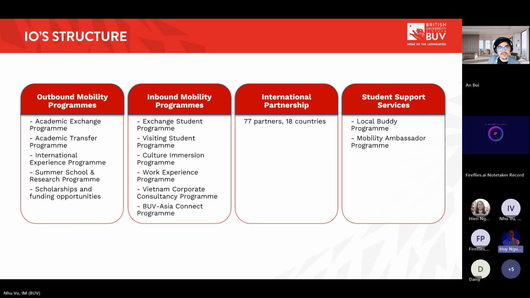With the country immersion program, we open the program for every partner all over the world. So if you know BUV and reach out to us, we can customize and organize the program for them. Just for the summer program, we will only promote it to our UK universities. It can be the awarding body partners, or it can be just a UK university that we work with.